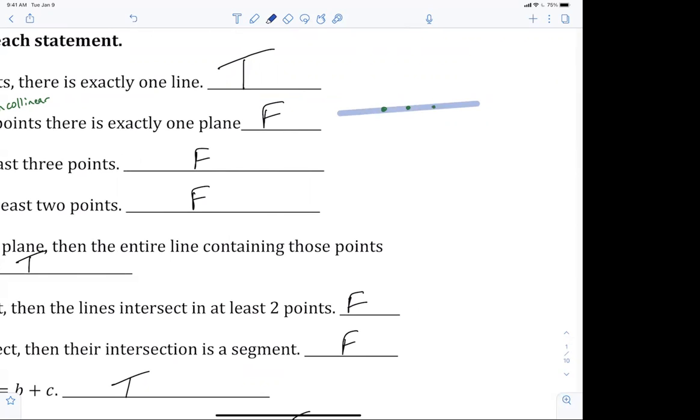If I put another point over here with these 2 points, that makes a plane. It makes a plane because they're non-collinear. A line does not make a plane.